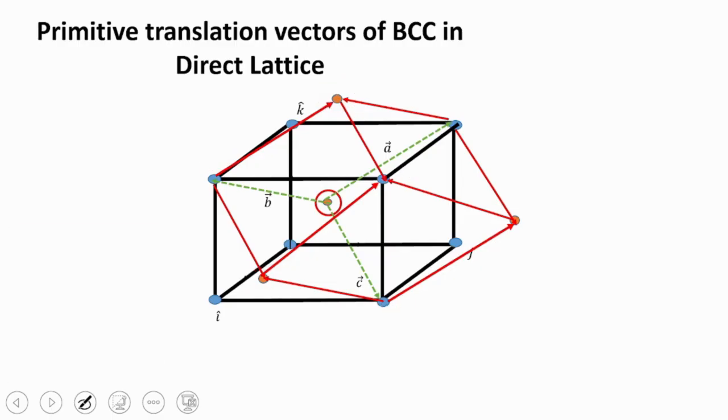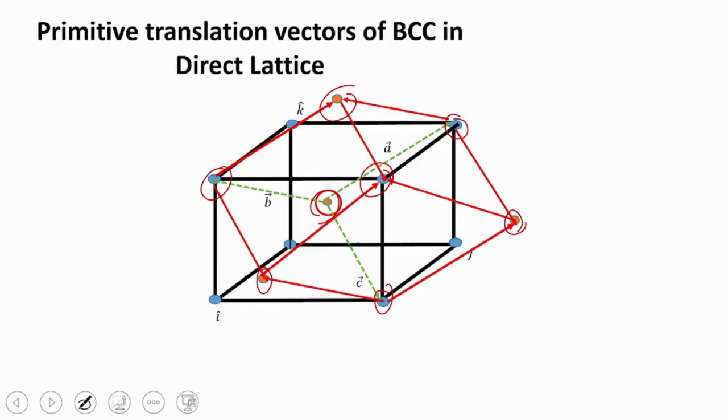And by joining these points, we can now see that the figure forms a primitive unit cell. Here, the lattice points are only at the corners, which confirms that it contains just one lattice point per unit cell.